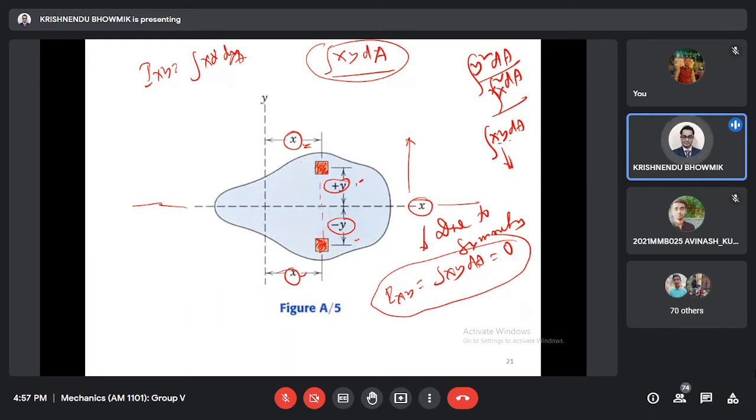There will be some reflection of the area due to the symmetry. Same x value, y one is positive, other is negative, they will be cancelled out. So finally the product of inertia for a symmetric section will be 0.